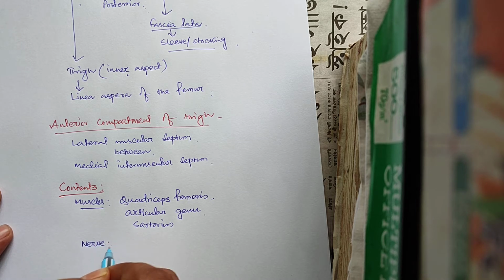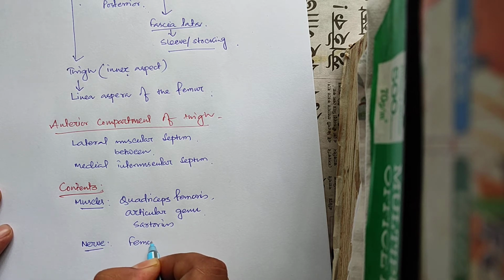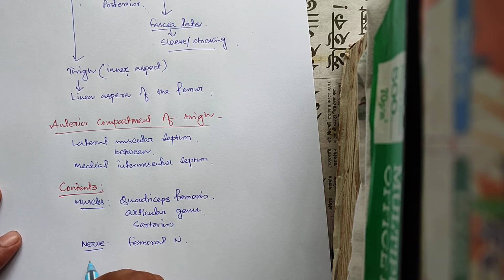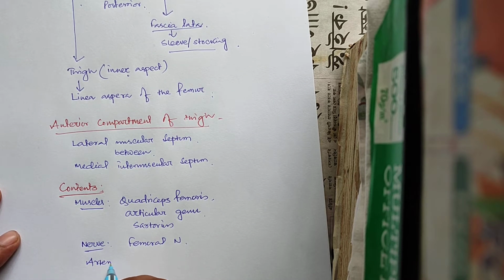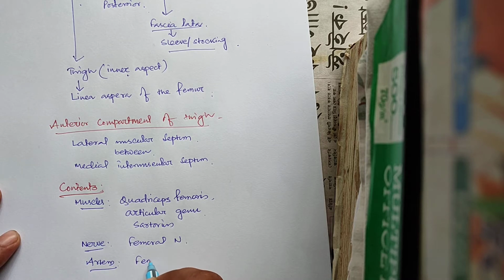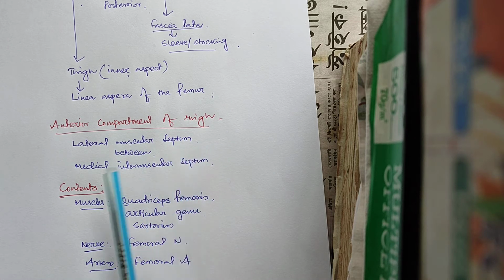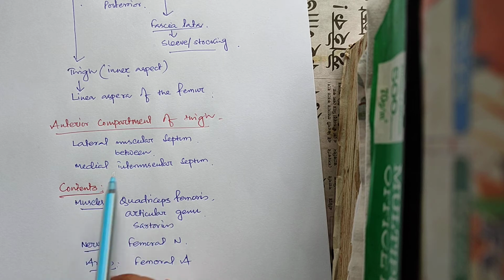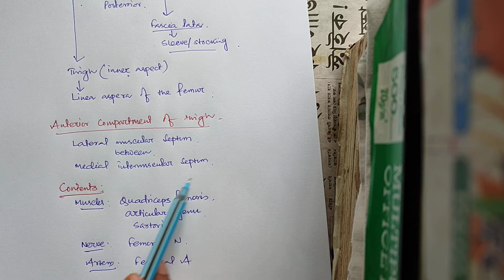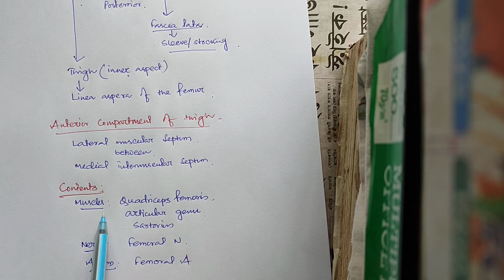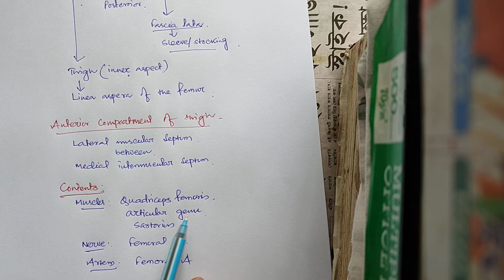The nerve supply is the femoral nerve, and the artery supply is the femoral artery. So the anterior compartment of the thigh is bounded laterally by the lateral intermuscular septum and medially by the medial intermuscular septum, and its contents are the quadriceps femoris muscle, articularis genu muscle, sartorius muscle, the femoral nerve, and the femoral artery.